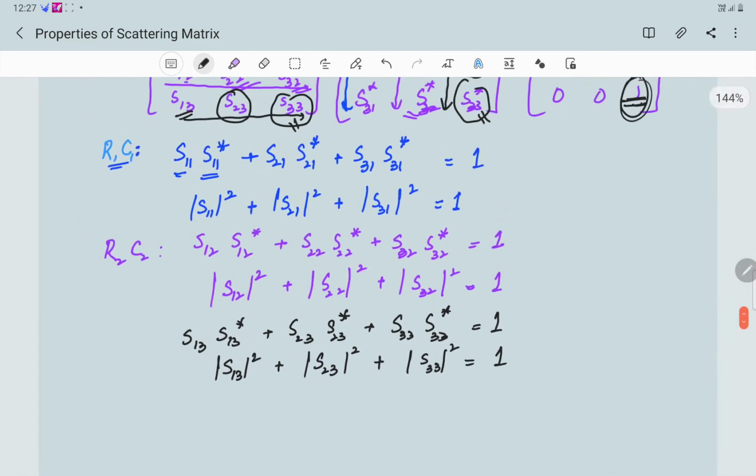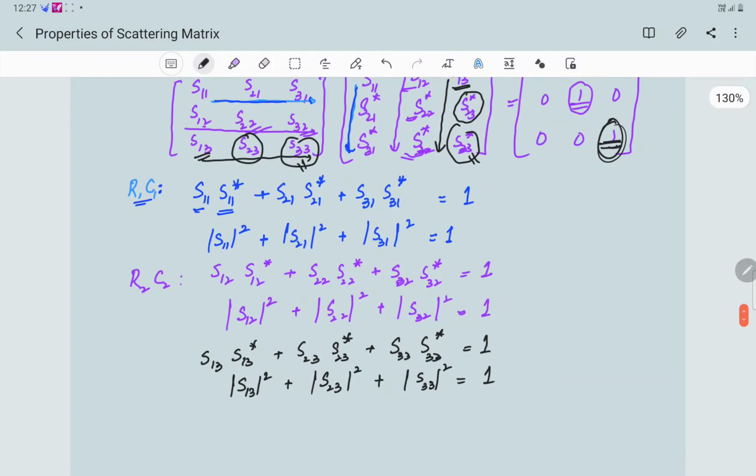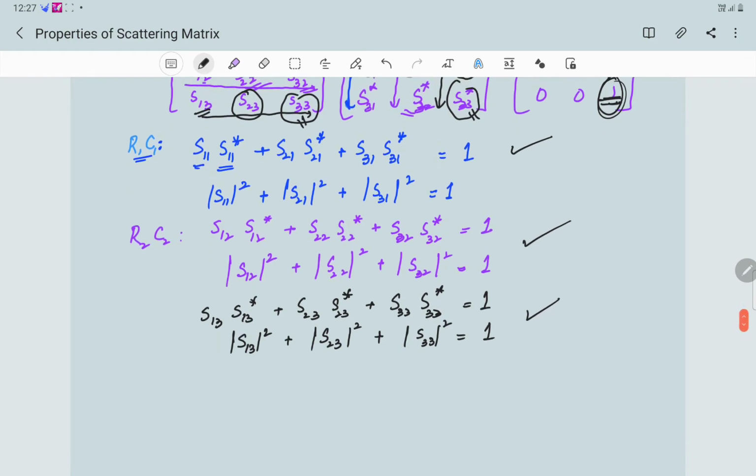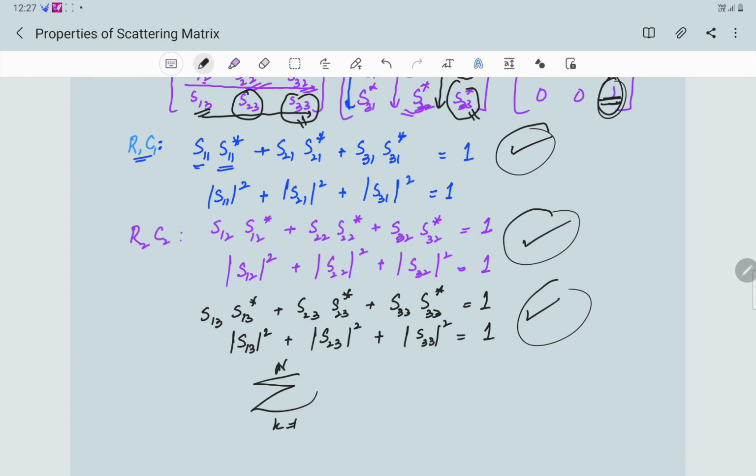So if we look at these equations, I can write them in simple summation form. I can write them simply as the summation of k running from 1 to n, here in this case 1 to 3, S_kj multiplied by the conjugate of S_kj is nothing but 1.